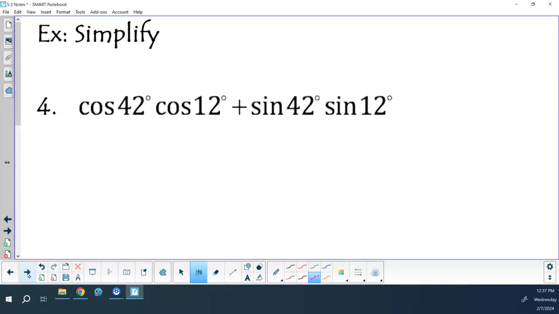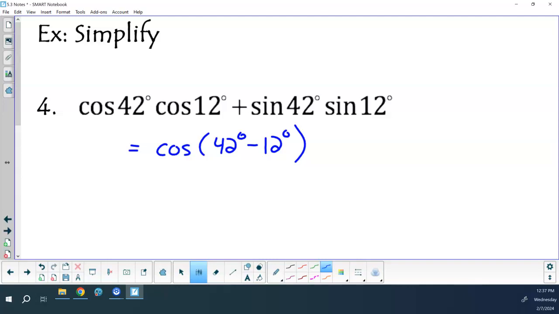So if we have cosine of 42 degrees, cosine of 12 degrees, plus sine of 42 degrees, sine of 12 degrees, which one am I using? Some are sum or difference of sine, some are of cosine, some are of tangent. Cosine? And is it going to be a sum or a difference? So this would be cosine of 42 degrees minus 12 degrees.